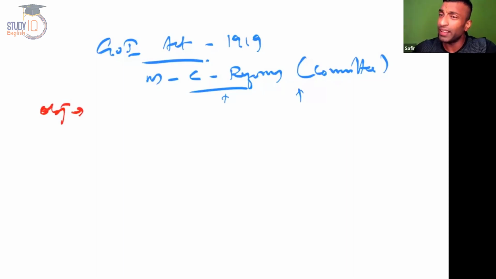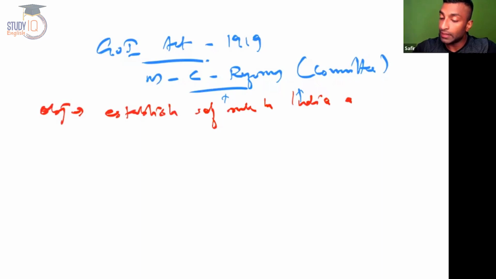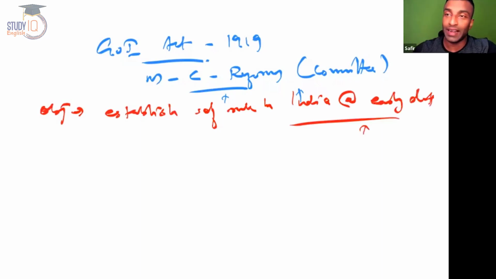It has been made very clear in the objective itself: to establish self-rule in India at an early date. Guys, self-rule in India at an early date. The date is not mentioned, the time is not mentioned, but the objective, they have made it very clear. Now they are going to give self-rule in India, but no specific timeline or anything is given.